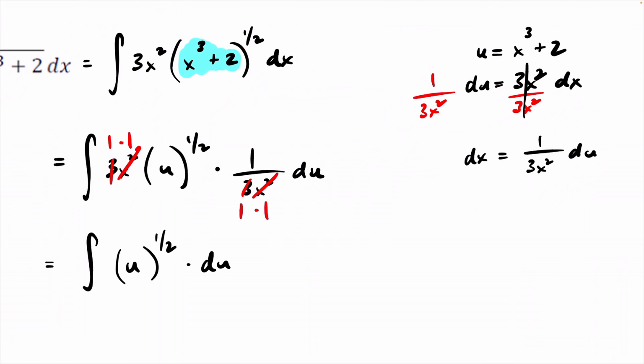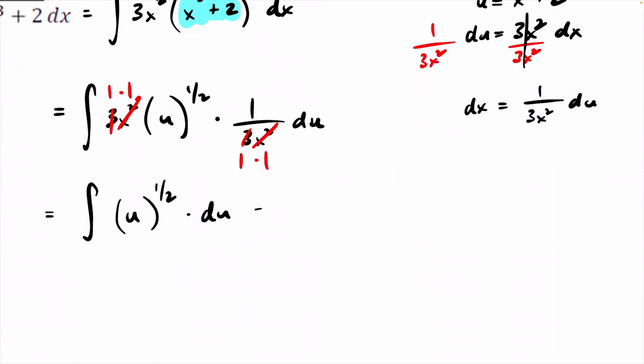Okay, now all I have is u's. Now I can proceed to the next step, antiderivative. Antiderivative says, use the power rule. Add a power, divide by the new power. So instead of dividing by 3 over 2, I'm going to multiply by the reciprocal. Plus c.